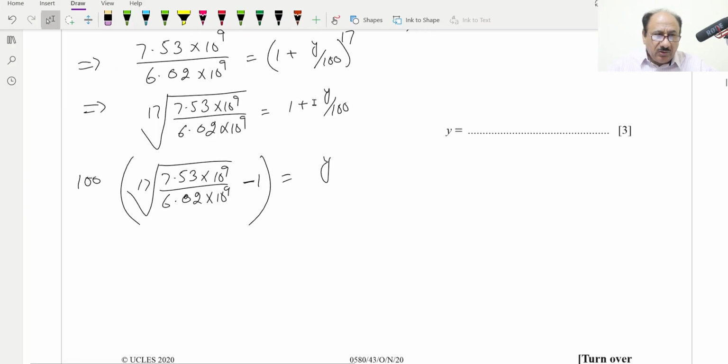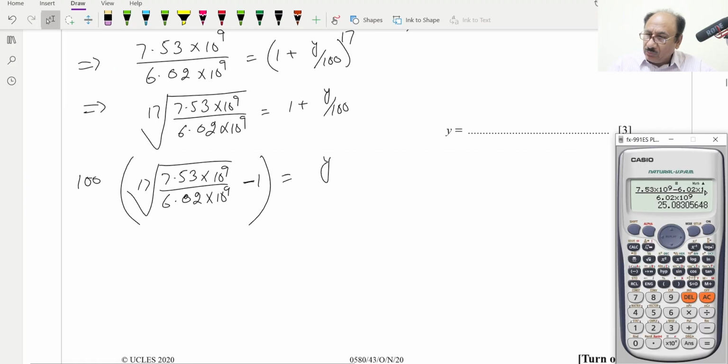Okay, this is done. Now we can do the calculation part, which is 100, and then we can write here the 17th root, which is somewhere here on the calculator. Yes, this one.